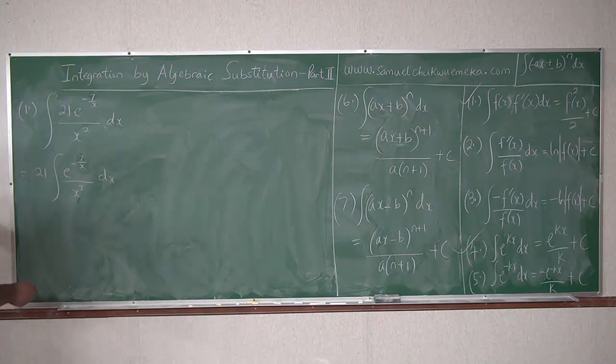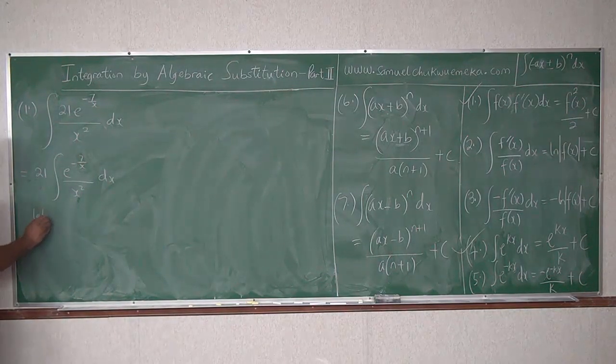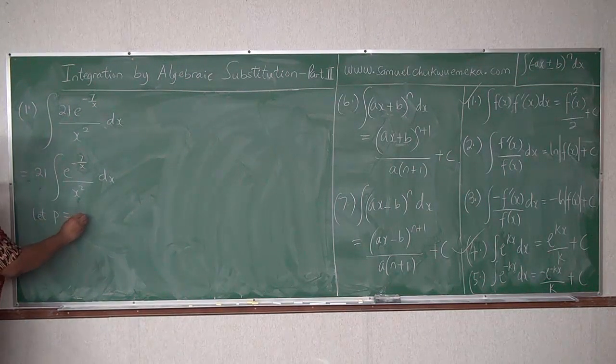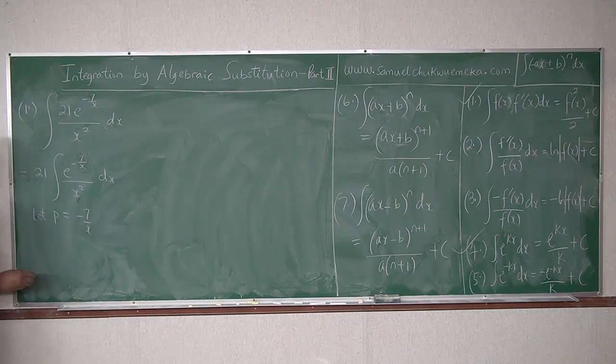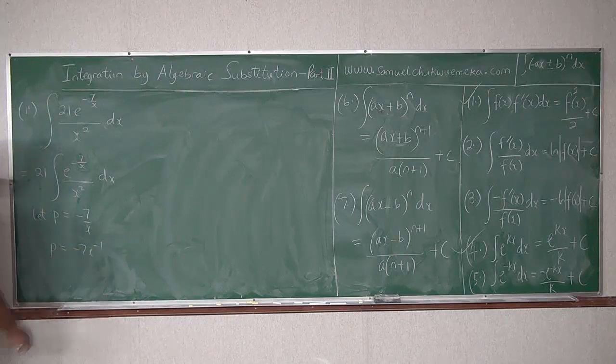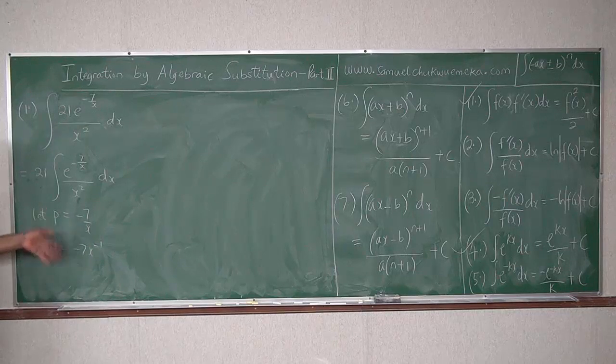So we'll now say let p, the substitution, be negative 7 over x. This means that p is negative 7x to the negative 1. I believe by now you know the power rule of derivatives.